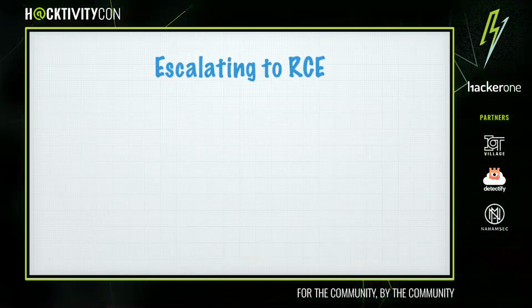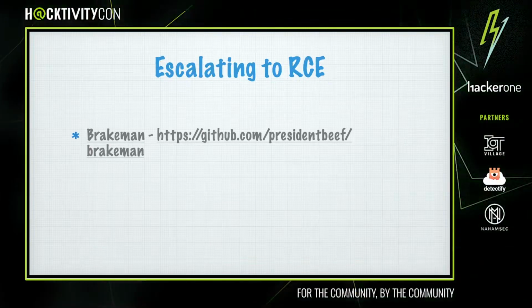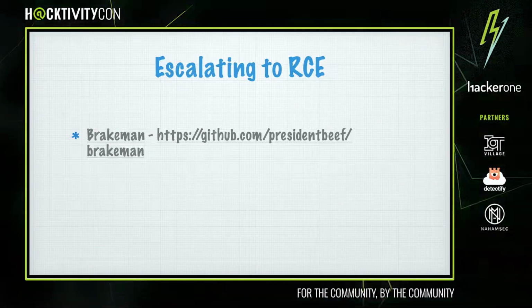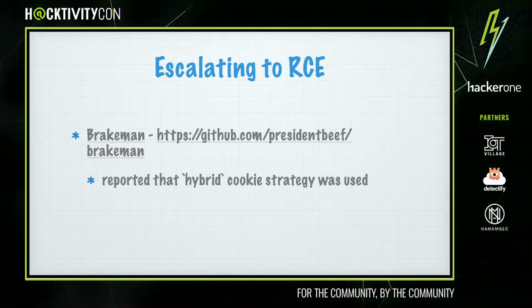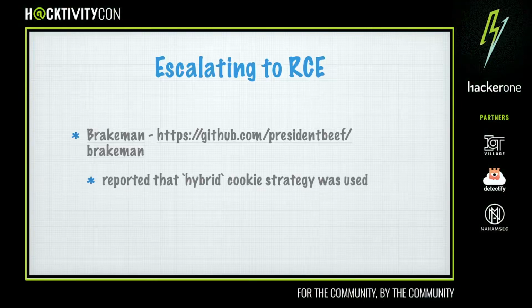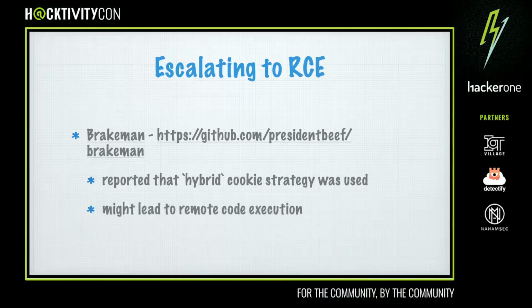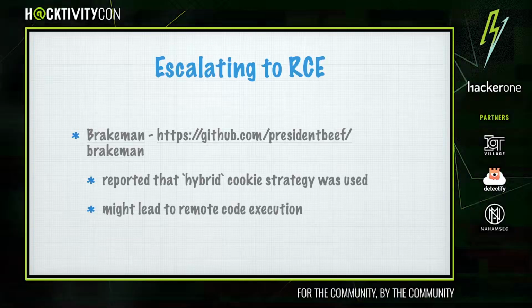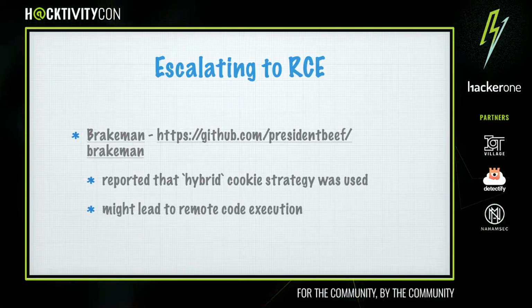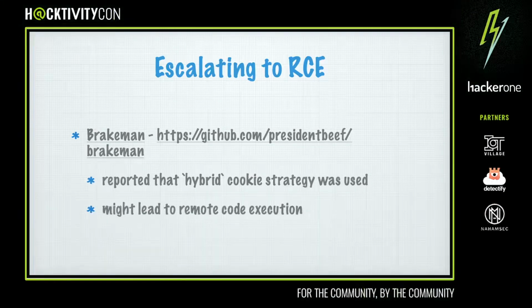I'd previously run Brakeman over the codebase, which is a static security scanner, and one of the things it reported was that GitLab were using the hybrid cookie strategy, and mentioned that that could lead to remote code execution. Rails used to use Marshal to serialize Ruby objects for signed and encrypted cookies, but since then has moved to a JSON strategy instead.